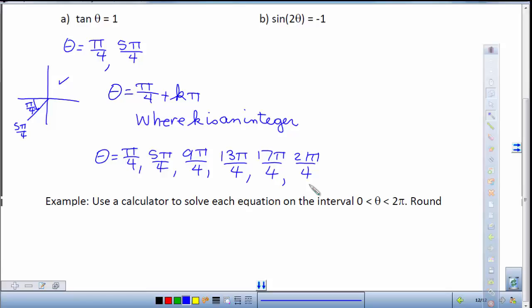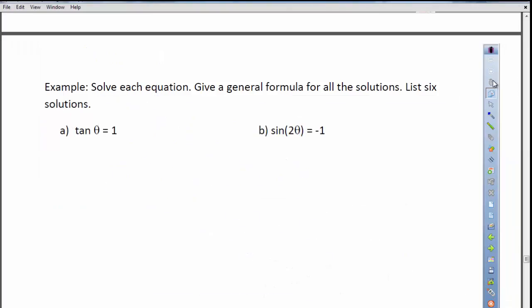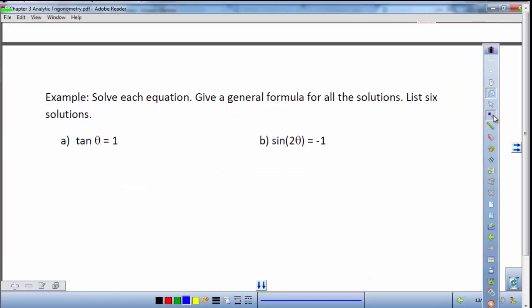Okay, what about B? We've got sine 2 theta equals -1. Well, I'm going to treat this one kind of like I did the other. For now, just ignore the 2 theta and treat this like some big angle alpha.